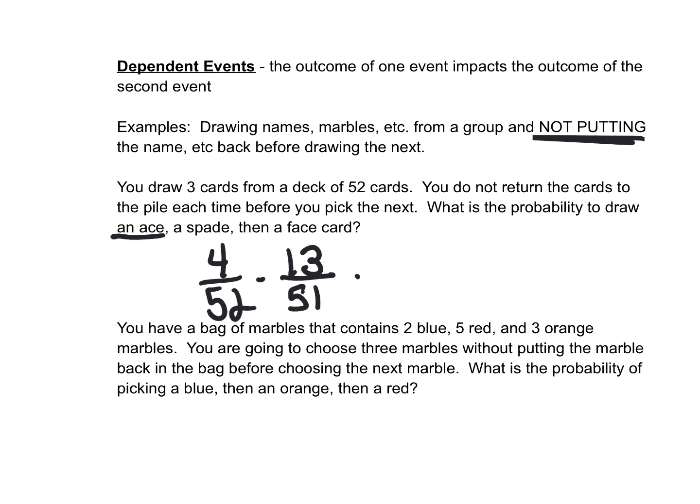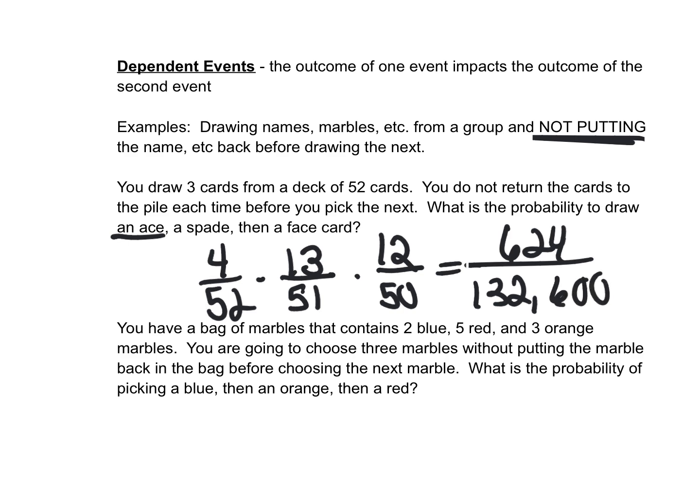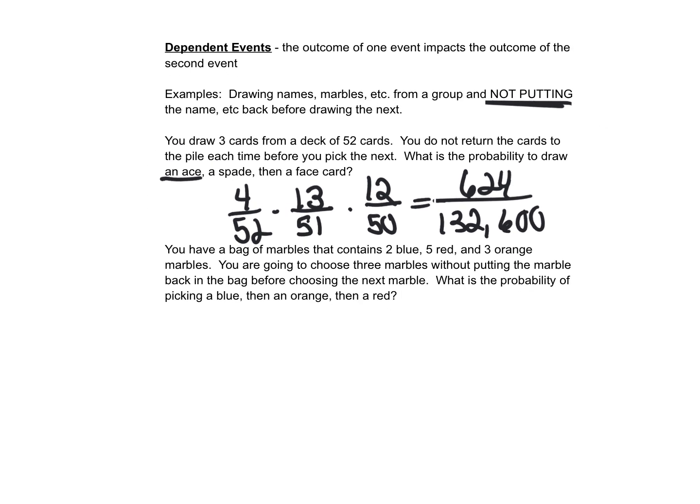Face cards are Jack, Queen, King, and now instead of 51, now there are only 50 because I have 1 less card because I did not return it. So what I got the first time is going to impact what I get the second time. And there are 12 face cards, and if we multiply them all out, we get 624 out of 132,600. So not very likely that that would happen.